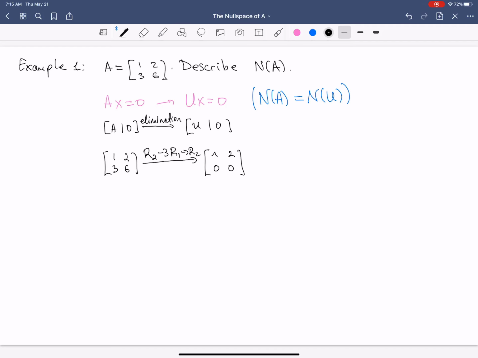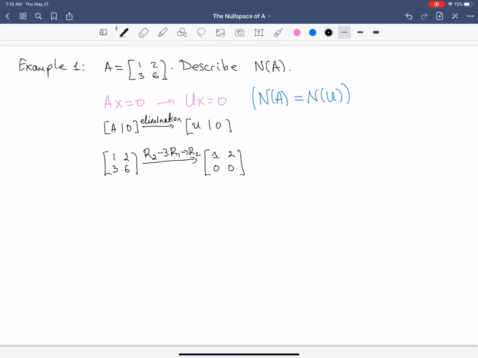So what we're looking for now are combinations of the columns that are going to give us 0. The combinations of the columns of U that give us 0 are the same combinations that give us 0 when we combine the columns of A, even though the columns of U and the columns of A are not the same. Absolutely not.